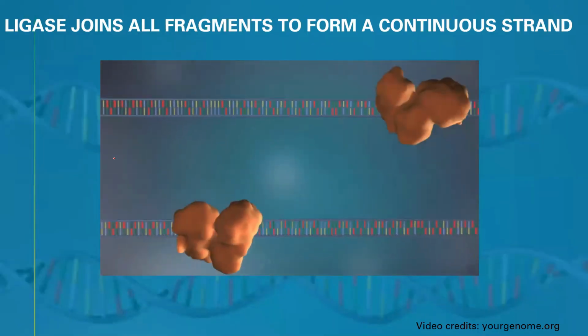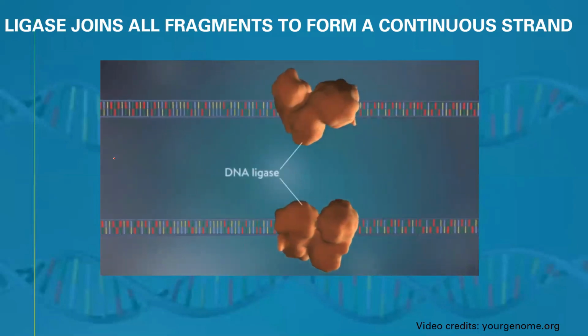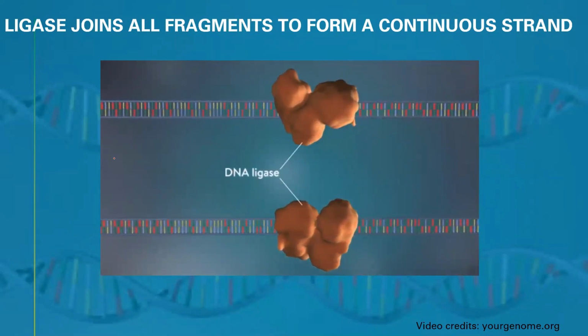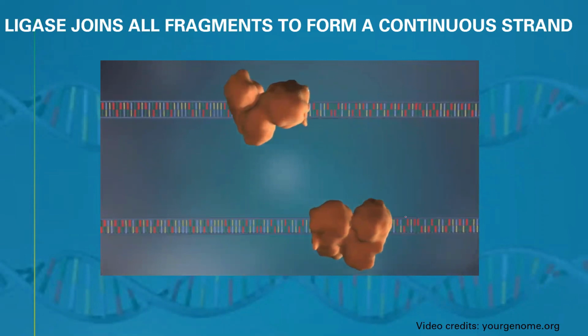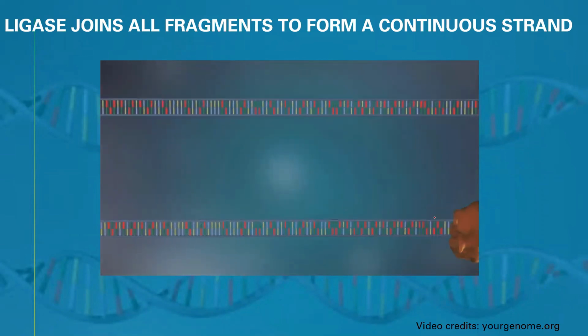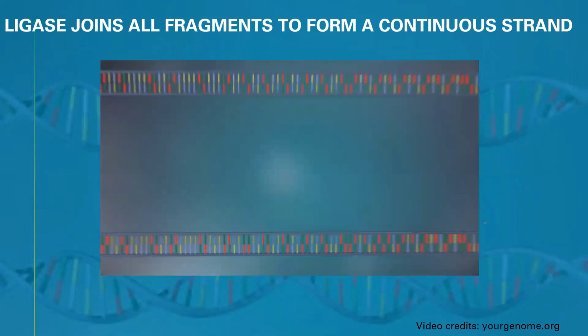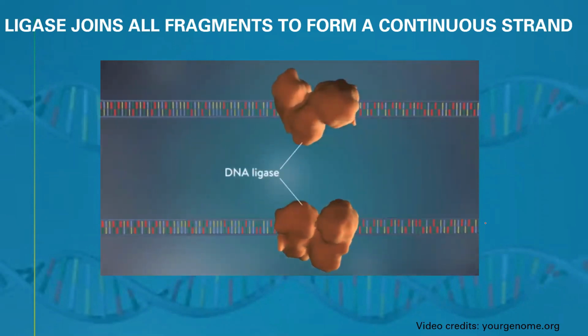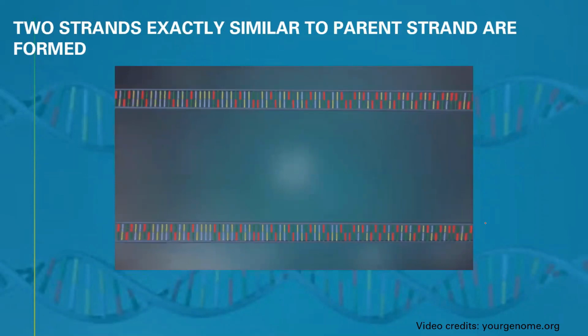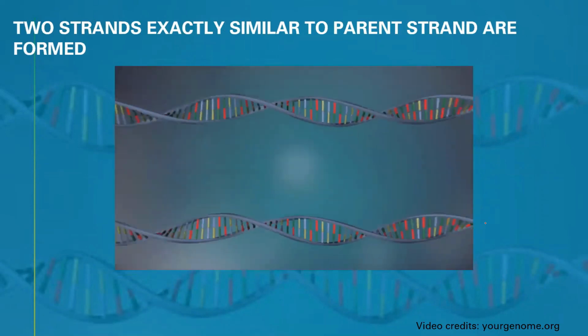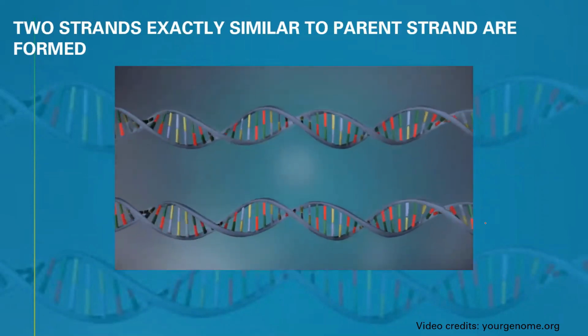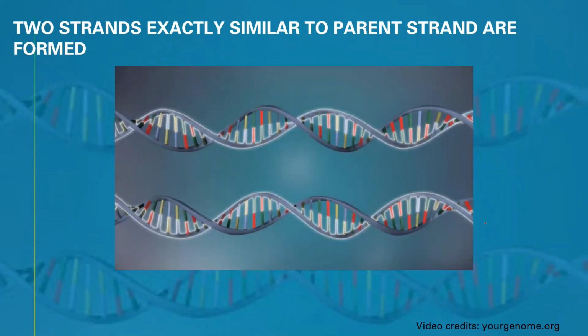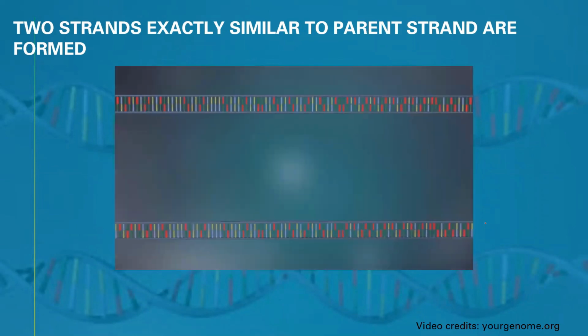Now these fragments are joined by the enzyme ligase. This ligase enzyme joins all the fragments to produce a continuous strand of DNA. At last, we get two copies of DNA which are exactly similar to the parent.